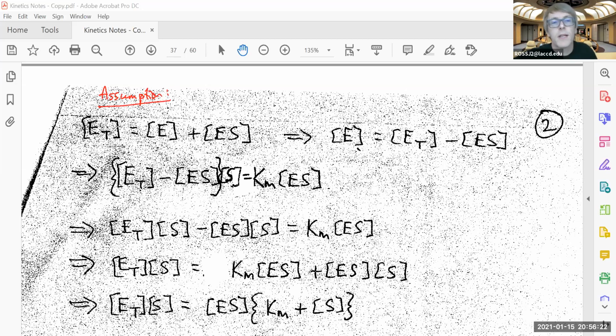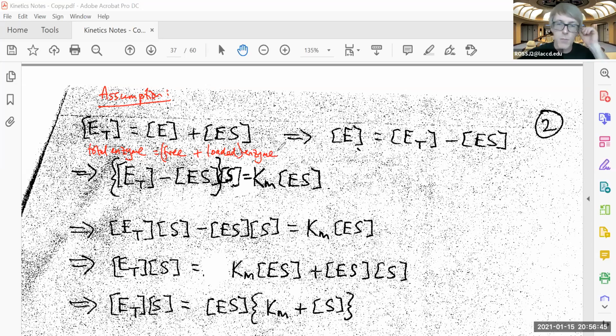The total amount of enzyme, which is ET, is equal to the free enzyme plus the loaded enzyme. I mean, what other state of enzyme could you have?